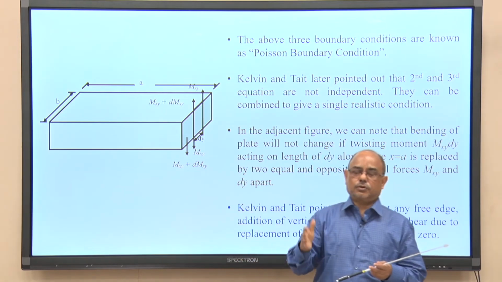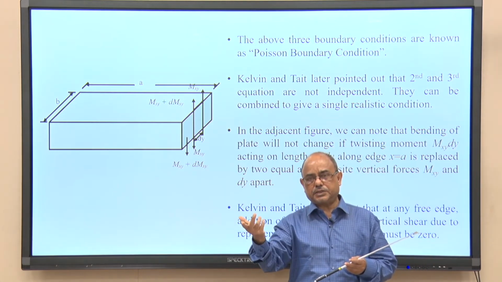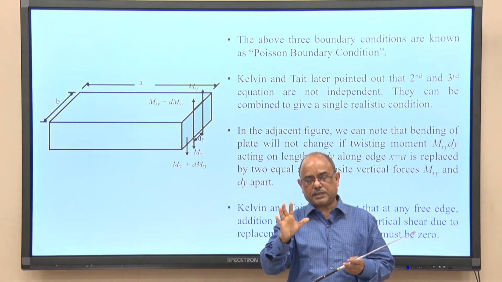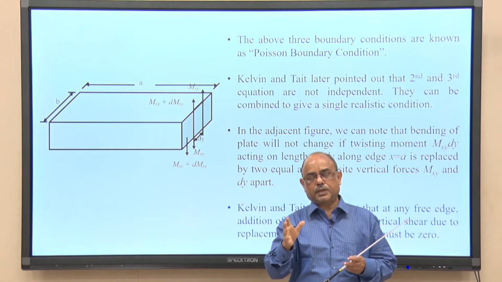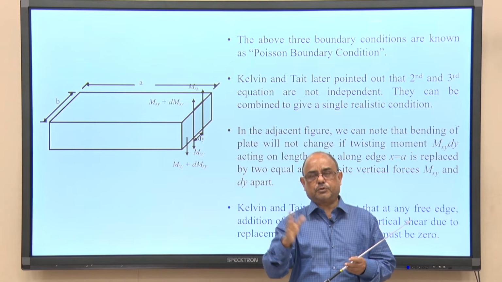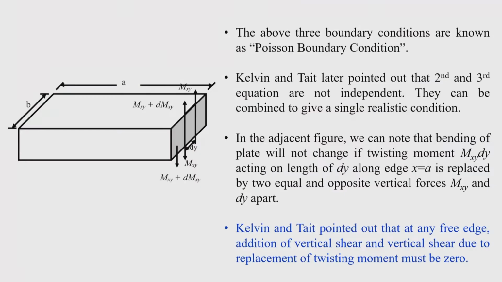At the free edge there is no shear force, so the effective shear is 0. That means the effective shear is to be balanced by the component of shear force acting on this edge, q x, plus the increment of shear force due to twisting moment. Let us see how this can be found out.